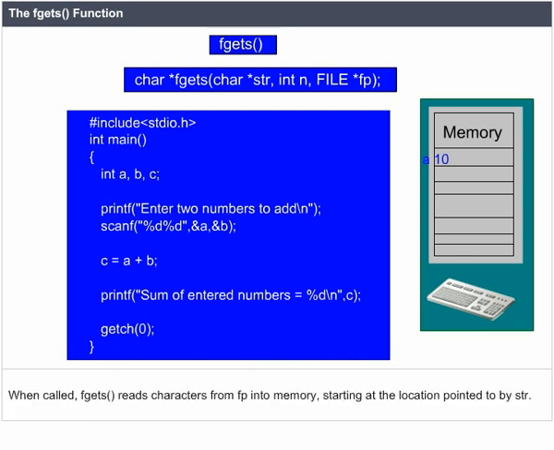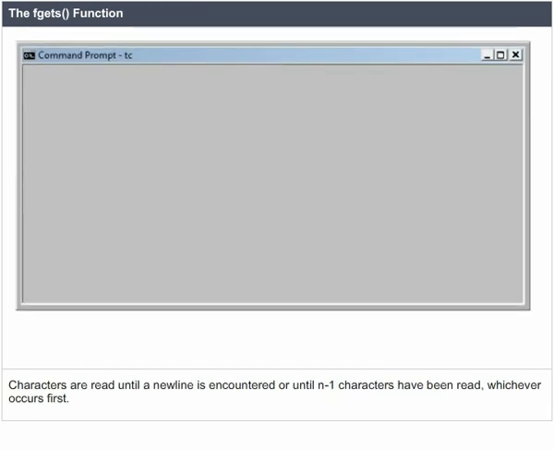When called, fgets reads characters from fp into memory starting at the location pointed to by str. Characters are read until a newline is encountered or until n-1 characters have been read, whichever occurs first.